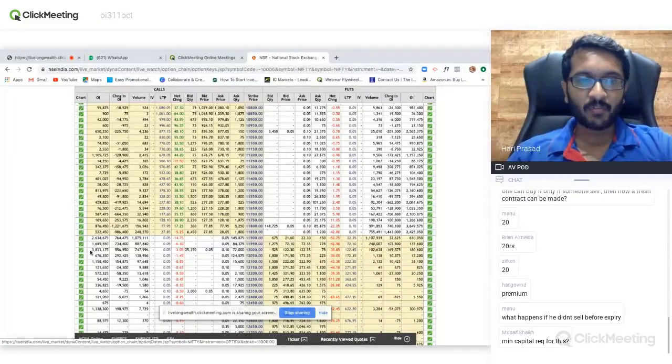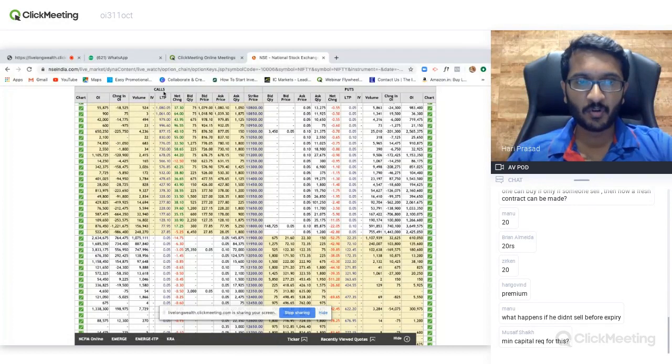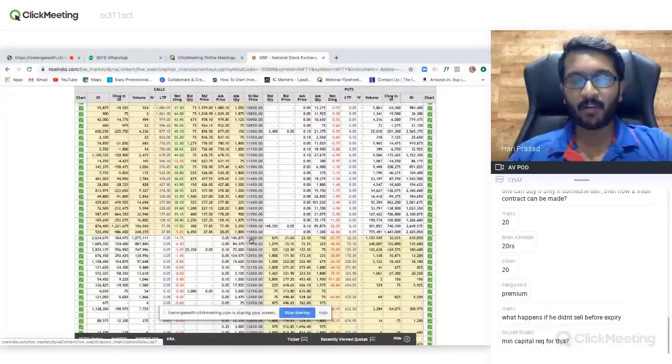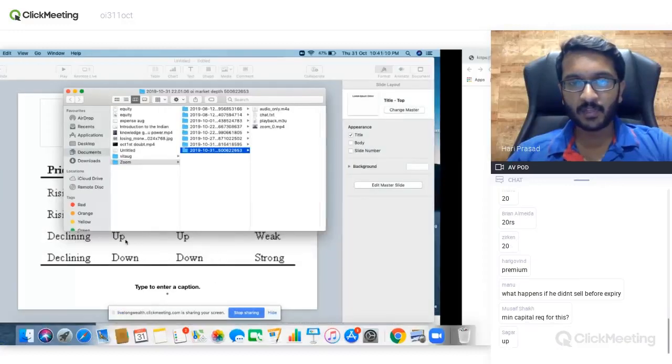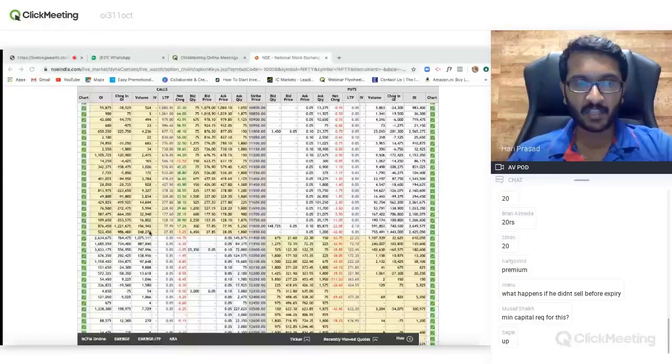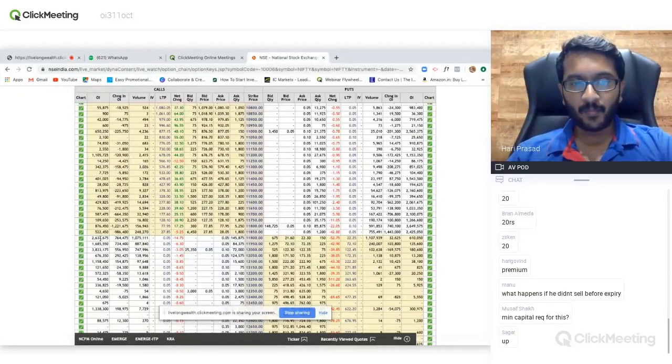So this is the number of active contracts for calls. These many contracts are existing in the market where people expect the price to go above 11,900.